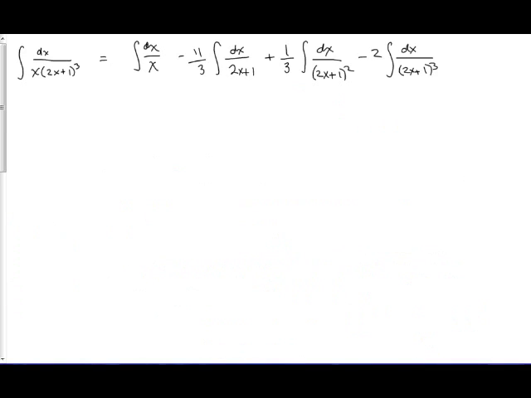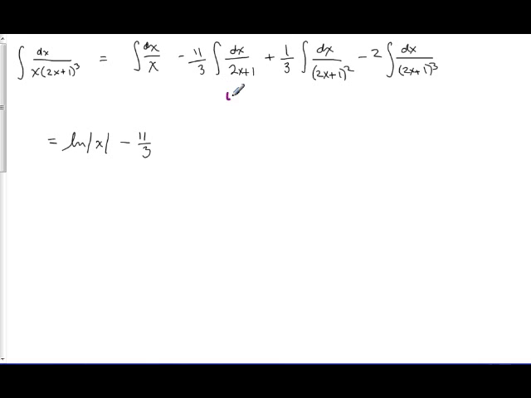Okay, so these are actually very doable integrals. That first one is just what? It is just ln of absolute value x. I don't even need to consider a u substitution there. Now the second one is a lot like the first one. It's a little bit further, right? You could do a u substitution for that.